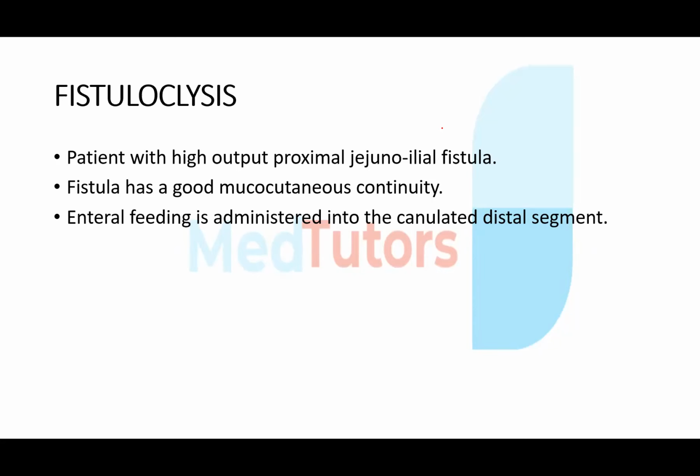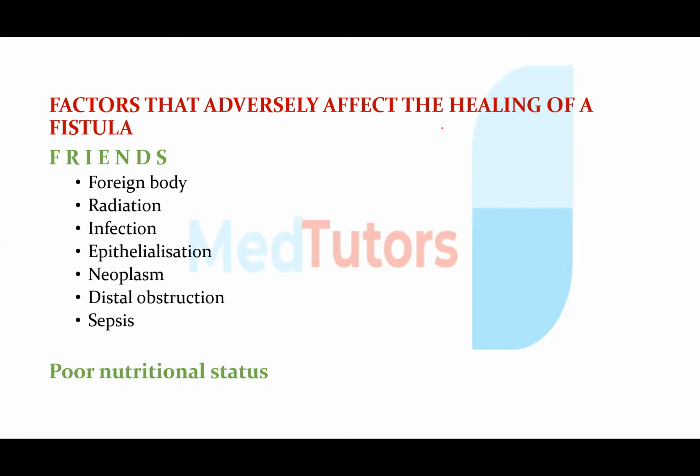This is what is causing all the problems of dehydration, dyselectrolytemia, and malnutrition in the patient. But you should know these must have a good mucocutaneous continuity, and it can be well cannulated and collected without contamination, so that you don't cause more harm than good.